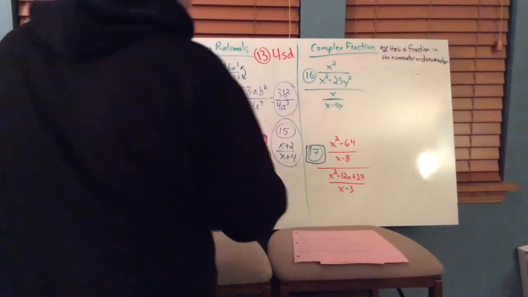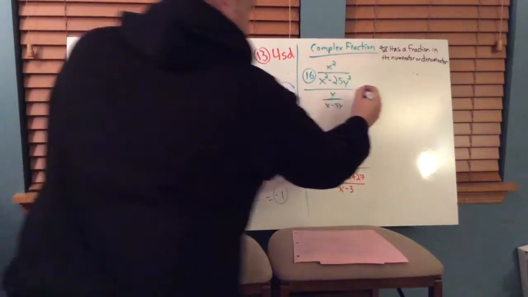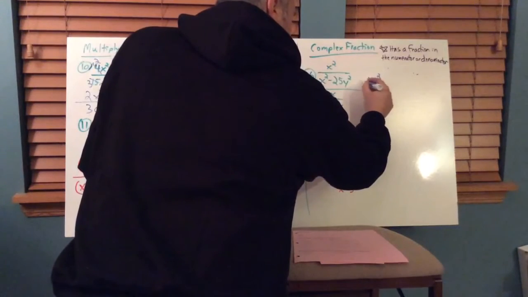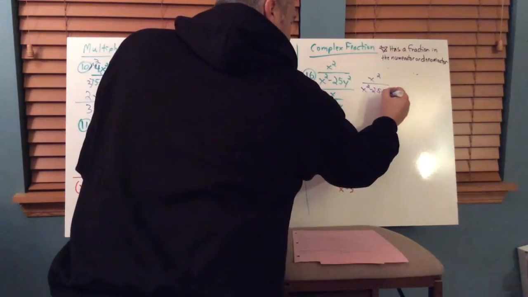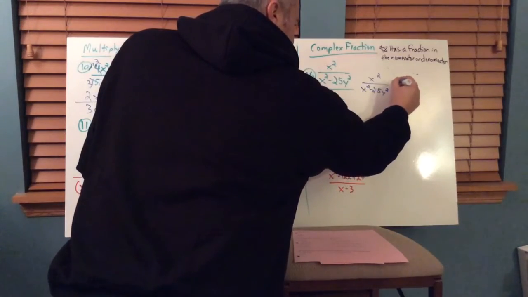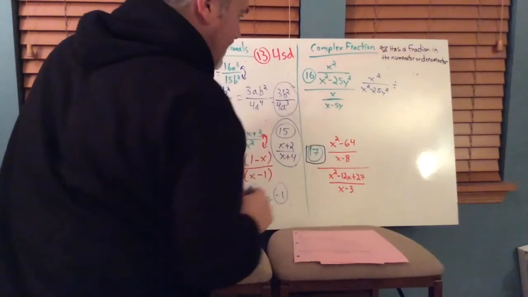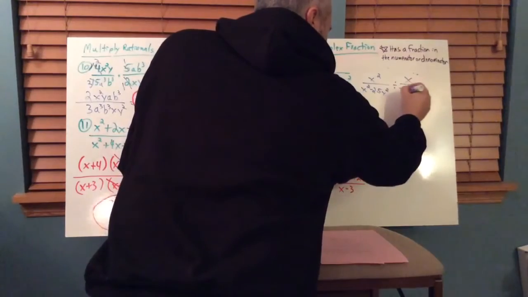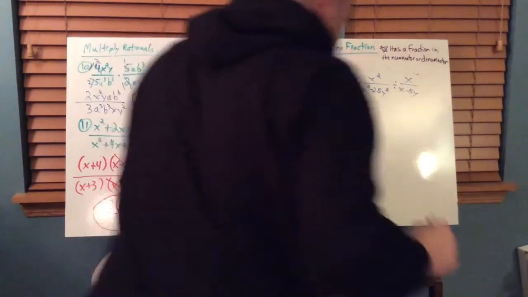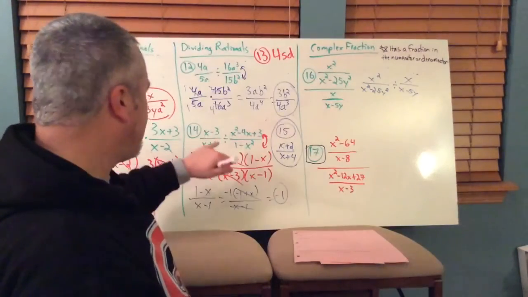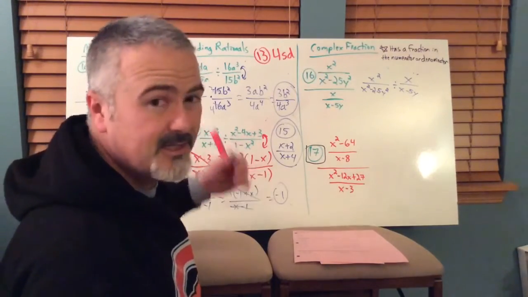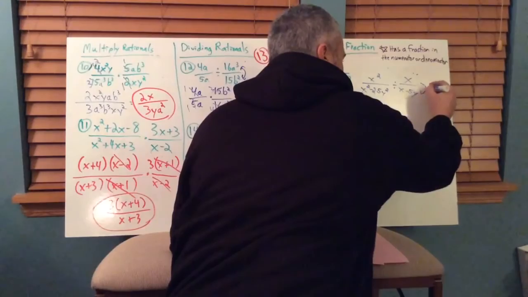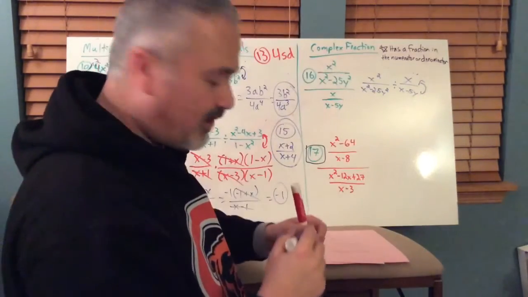So if I rewrite this, this would be x squared over x squared minus 25y squared divided by x over x minus 5y. So now it looks exactly like problem number 14, one just like that. And we're going to treat it the same way. So we are going to multiply by the reciprocal.